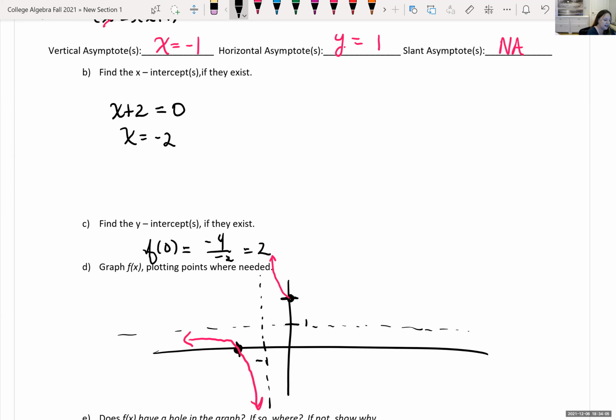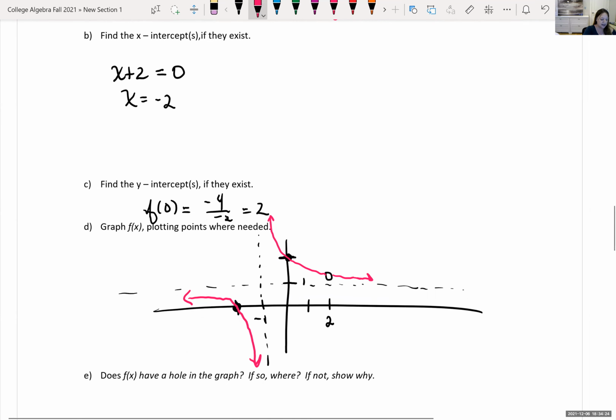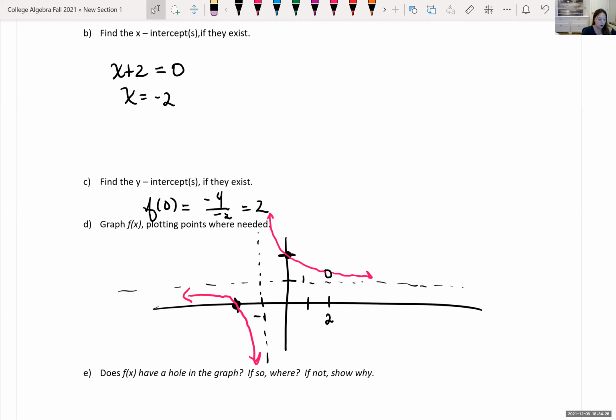The thing is that at x equals 2, I'm going to have some open circle. I'll figure out where that is in a second, because that's the value which sets both the numerator and denominator equal to 0. So the next question asks, does f of x have a hole in the graph? If so, where?